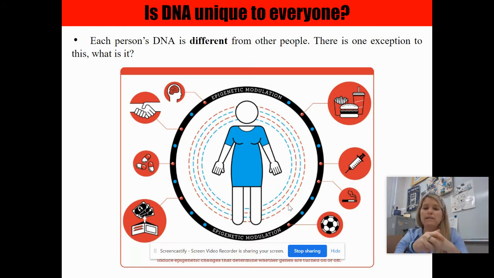So for example, let's say that we have 2 identical twins. When they're first born, they look the most alike they ever will. Because as they grow up, they are subjected to different environments, right? Maybe one of them likes to play sports. Maybe one of them really eats unhealthy. Maybe one of them starts smoking or using drugs. Maybe one of them, the parents are nicer to. All of these things affect our health.